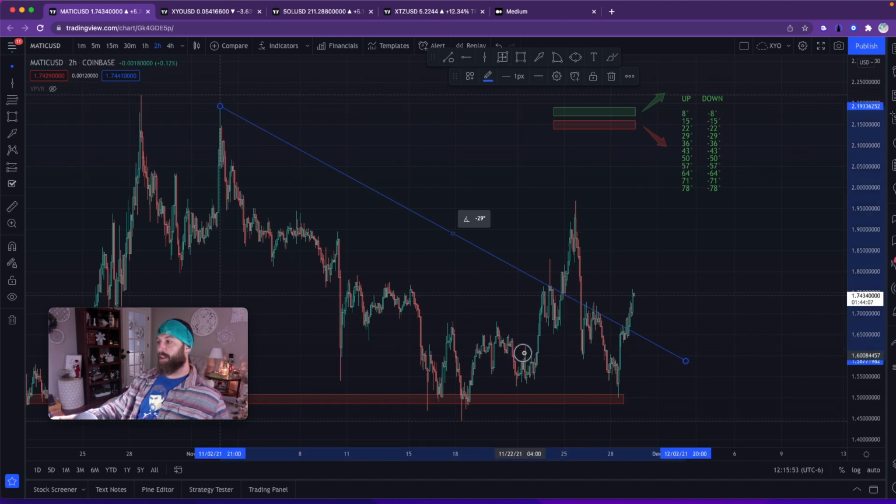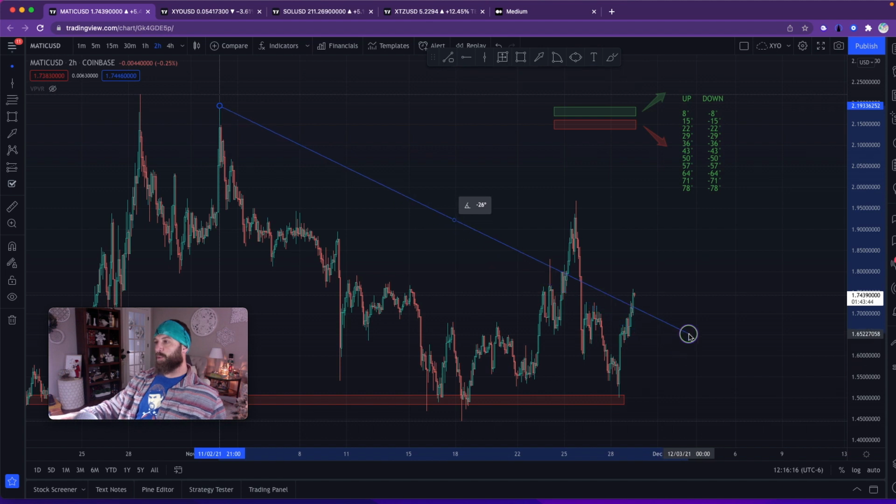You can see that price action was trying to break this strong level of $1.50. That's a failed head and shoulders, because once it hit that 150 level, it immediately got bought up and it's pushing up past the minus 29. So now what we do is we work our way up.